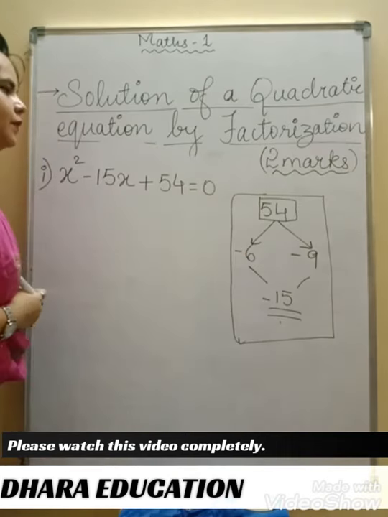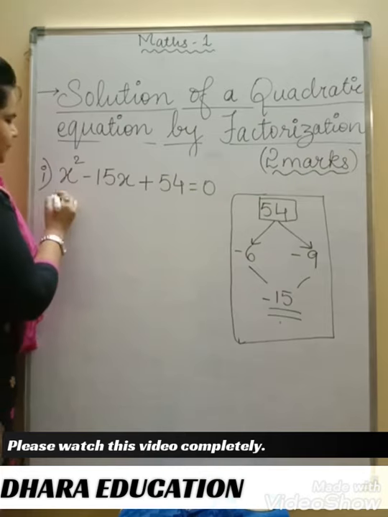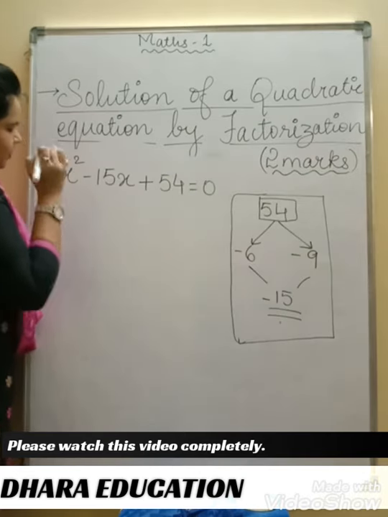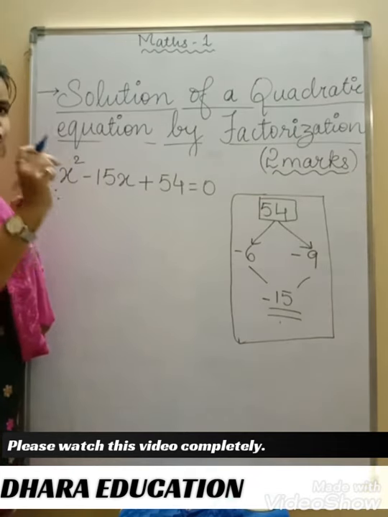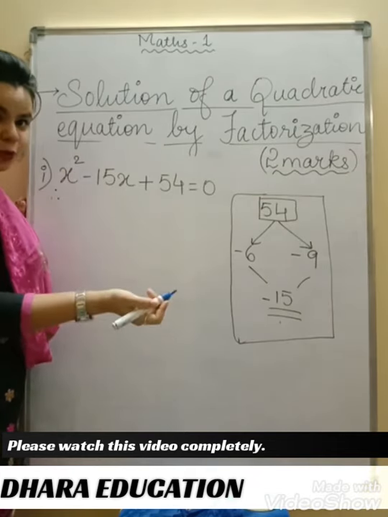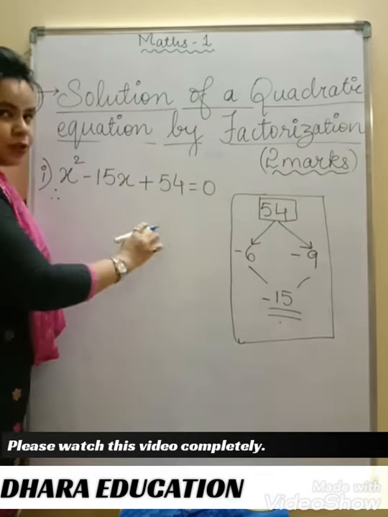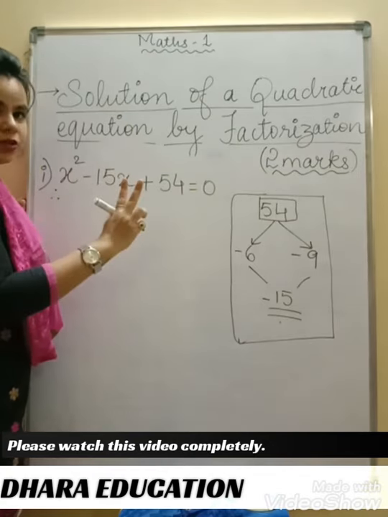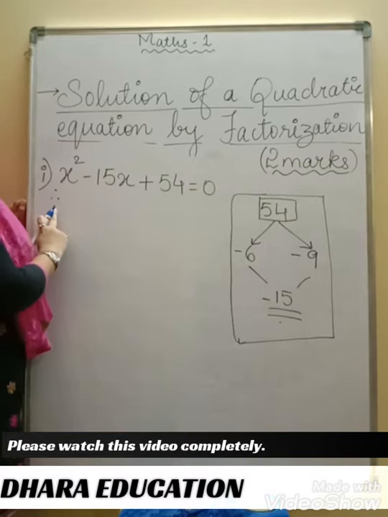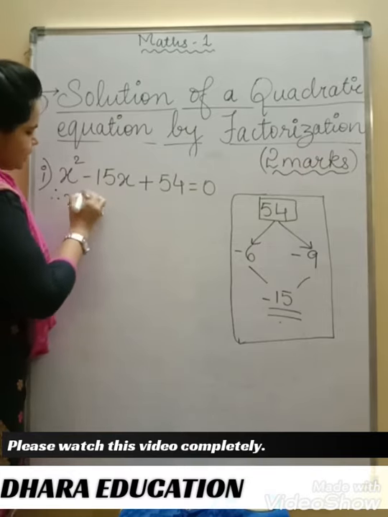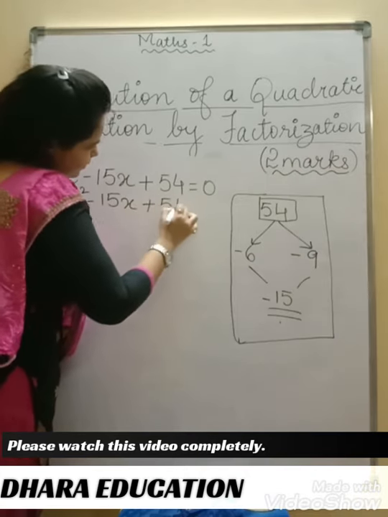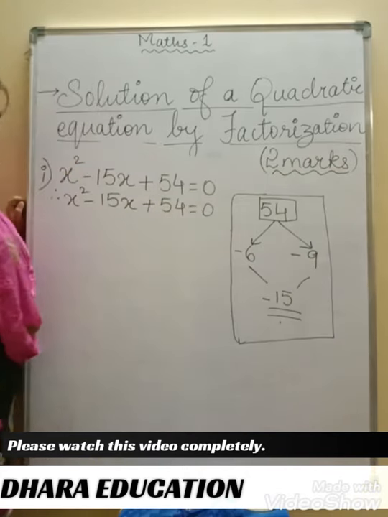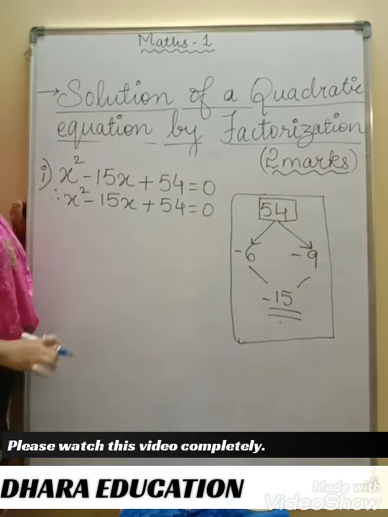So now what we will do is this. Students, always remember one thing: whenever the equals sign is already there, we have no need to use equals once again. In a given question or equation there should not be two equals signs, so one should be there. Okay, so we are going to write this again, like this. And now what we have to do is factorize.